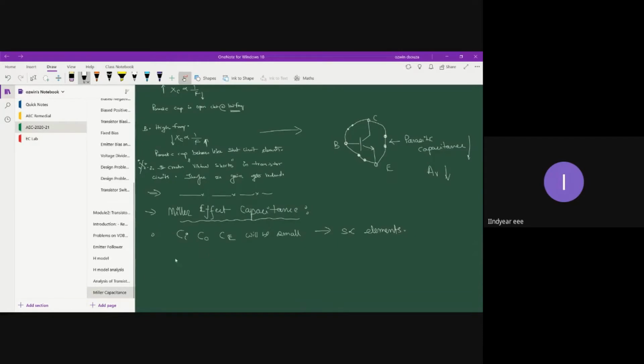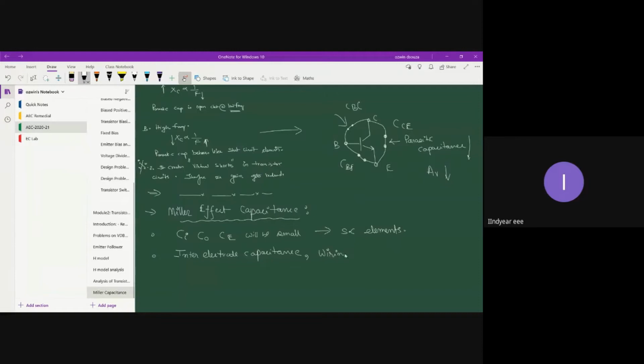On the other hand, inter-electrode capacitances, that are nothing but these capacitances: CBC, CCE, and CBE, and wiring capacitances.